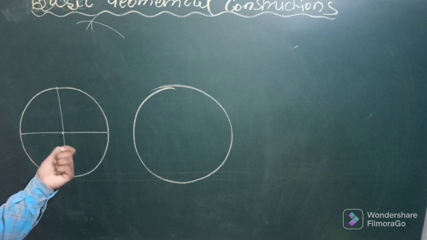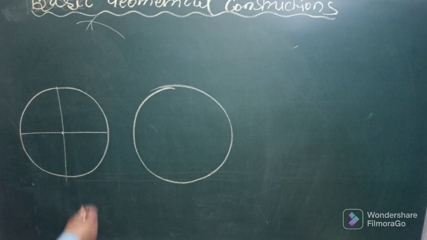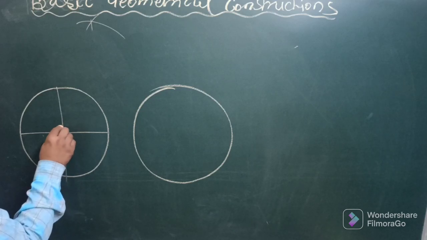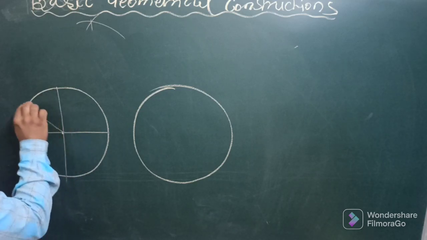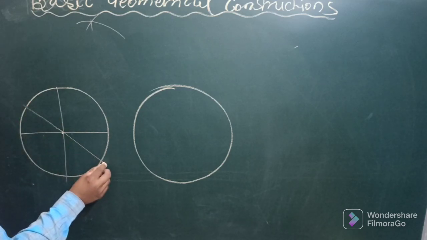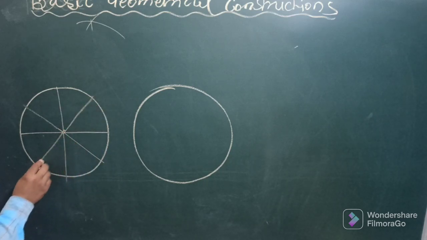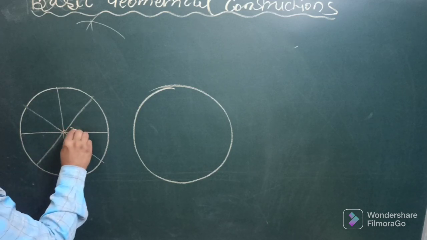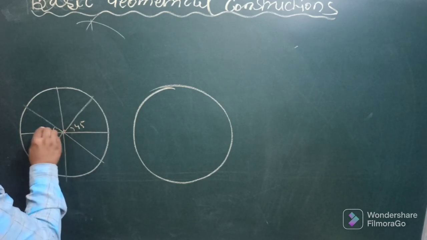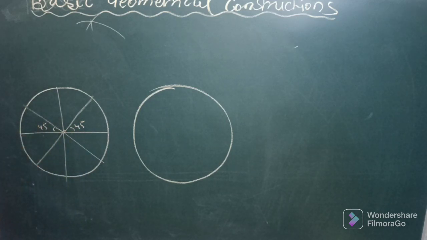This will divide this circle into 4 equal divisions. Now using the bisection method, you can divide this angle into 2 parts and extend. Similarly, bisect this angle and extend. Alternatively, you can draw 45-degree angles on both sides. So this will divide the circle into 8 equal divisions.